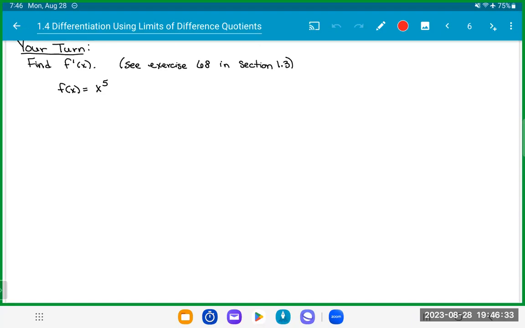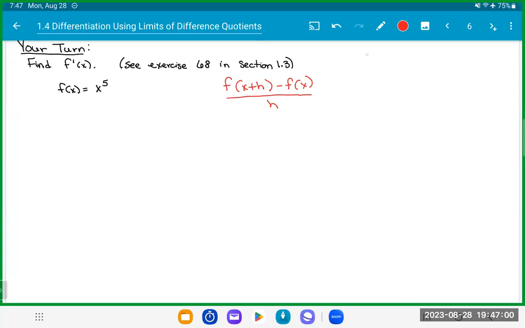What I'd like you to do, if you feel like working through it, is work through this problem using the f of x plus h minus f of x over h, and see if you can come up with the derivative of this using the long way, okay?